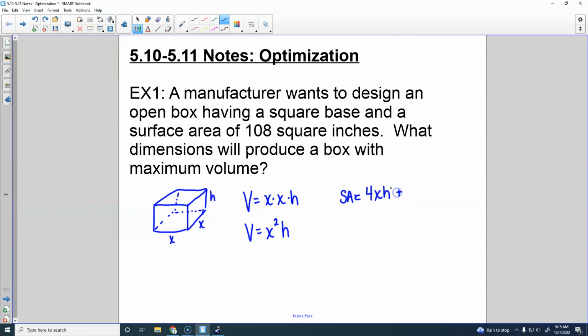And then what's the area of the bottom? x squared. So I also know the surface area here is 108. So it's 108 equals 4xh plus x squared.